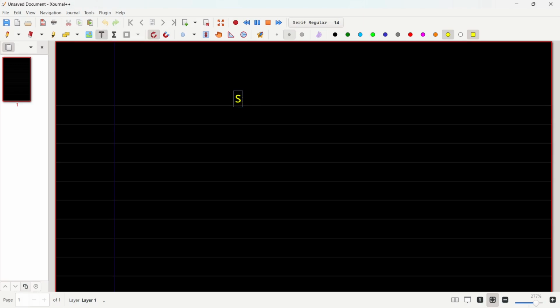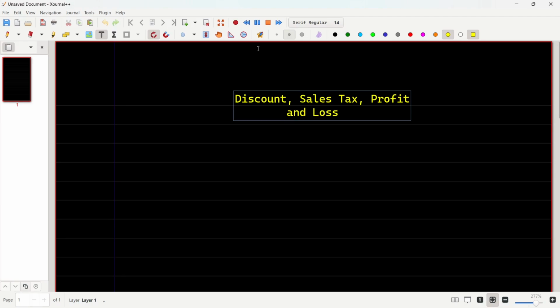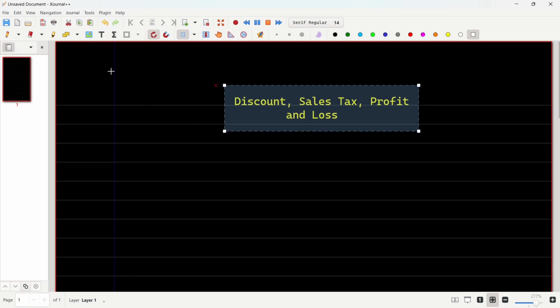Discount, sales tax, profit, and loss. You know what? Put a tab instead. And the objective for this lesson, let me just put this down a little bit, put it in green.